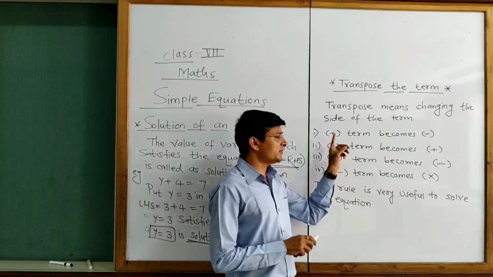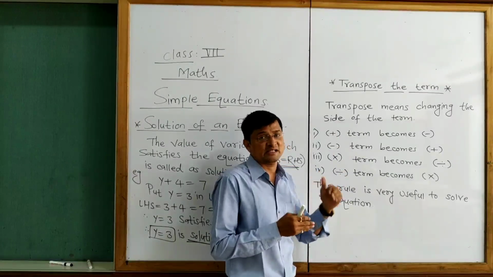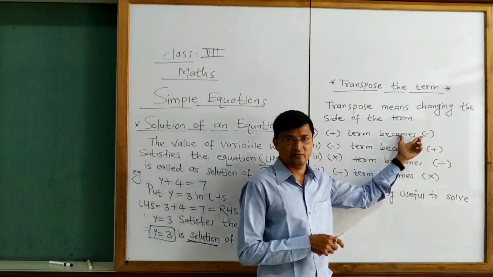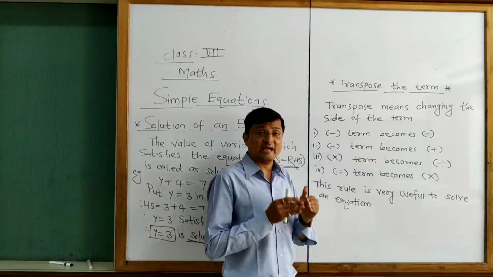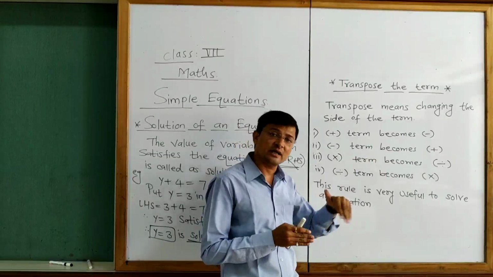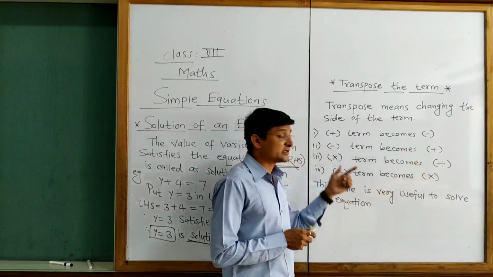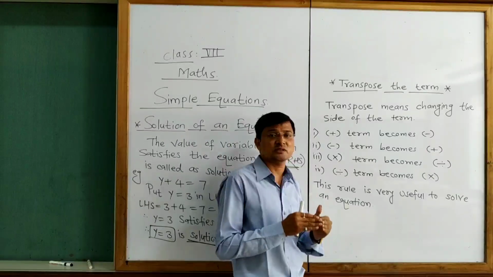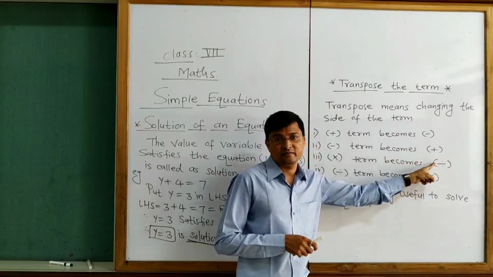If the term is positive on one side and we transpose that term to the other side, then it becomes negative. If the term is negative on one side and we transpose the term to the other side, then it becomes positive. If the term is multiplied on one side and we transpose the term to the other side, then it becomes divide.